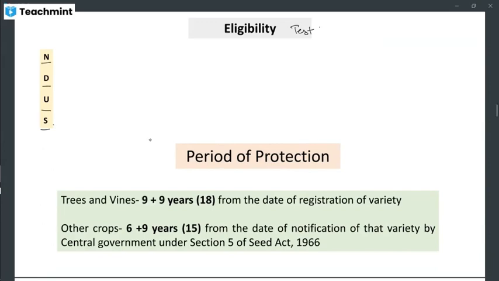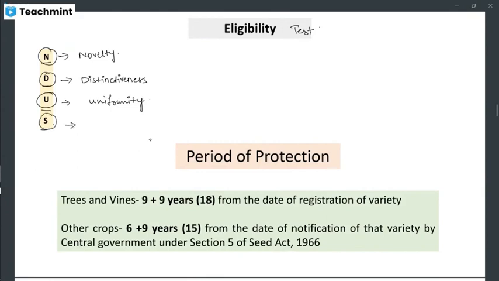In the DUS test, N represents novelty, which means the variety should be a new one. D represents distinctiveness: it should be distinguishable from the other varieties. U refers to uniformity: it should be uniform wherever it goes.